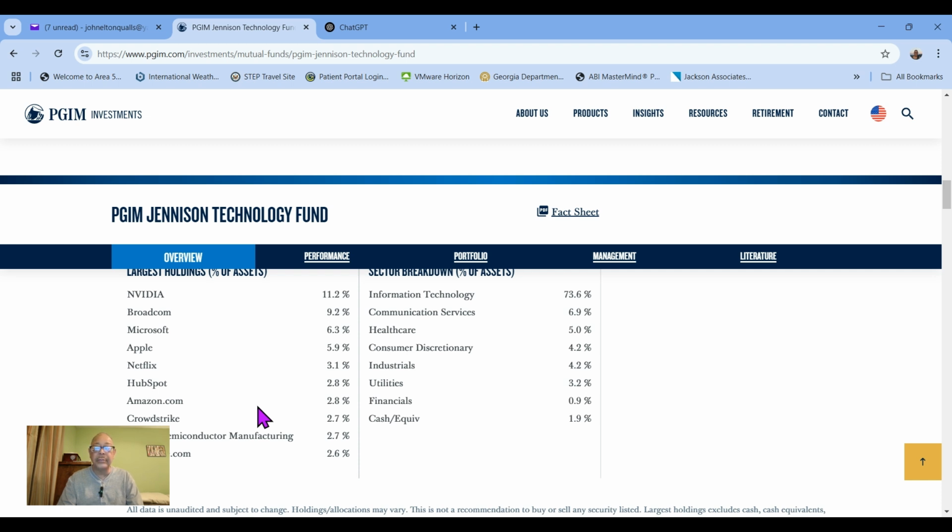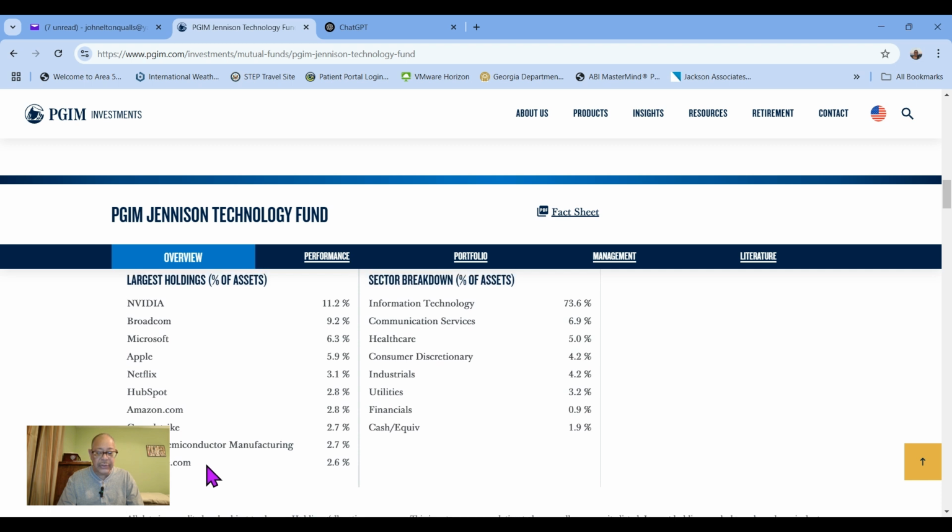You remember when a lot of the systems were down, the airports had problems. They couldn't display any of their flight information and stuff. Taiwan Semiconductors, and then you got Salesforce. So this is a very unique. So you got one, two, three, four of the Magnificent Seven in investment technology.